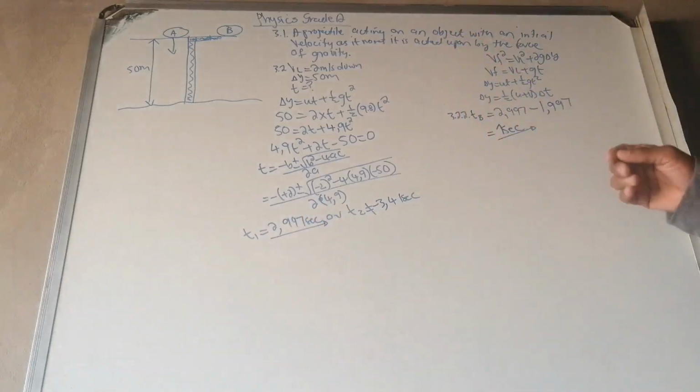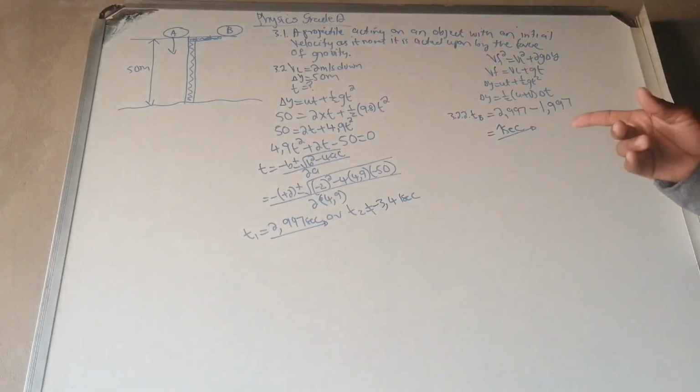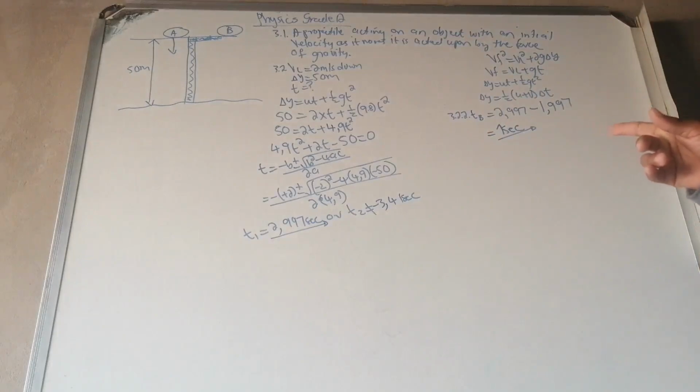I want you to calculate for me the time that stone B takes to hit the water. Is it 1 sec? That is my question. Is it 1 sec? Or is it exactly 1 and the same time? It is exactly 1 and the same time.